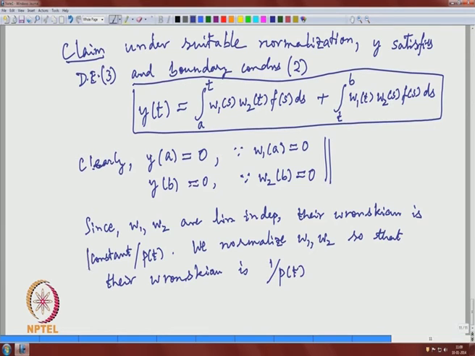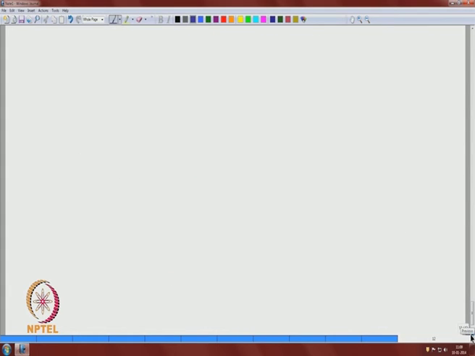We want this constant to be 1, and that can always be achieved by multiplication by some constants, so there is no problem there. This is the normalization we are talking about.